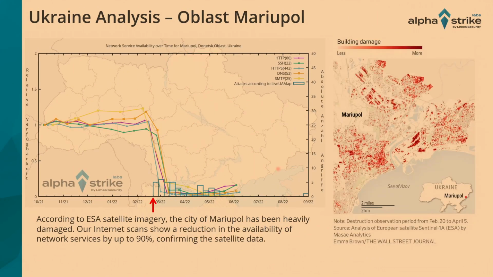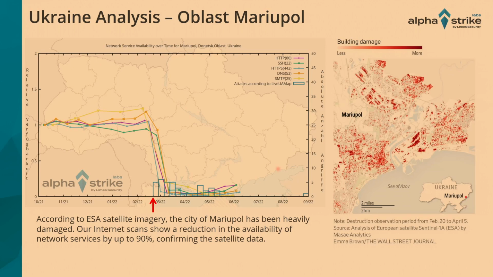Here we can see also a very special case, that is Mariupol. You can see we have also set 100% for all protocols, and then for all protocols it goes down by 90%, right? Mariupol is a city that got attacked very hard, first by a lot of critical airstrikes and so on.